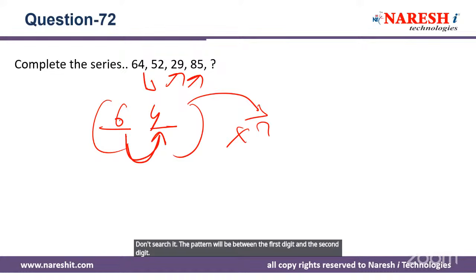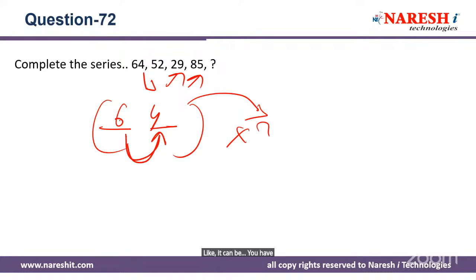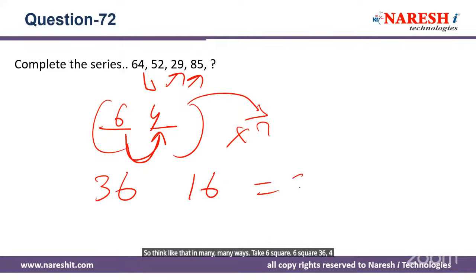You have to think how, using 6 and 4, it became 52. If you multiply 6 and 4, 24. 24 doubled is 48, not possible. So think like that in many, many ways. Take 6 square, 36, and 4 square, 16. Yes, it can become 52 by adding.